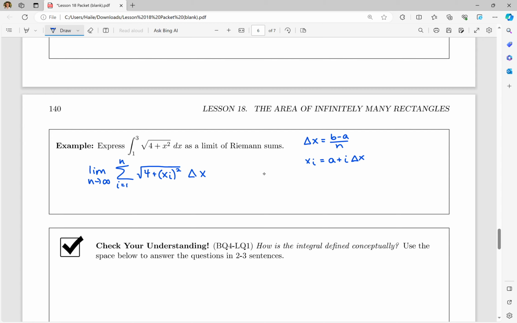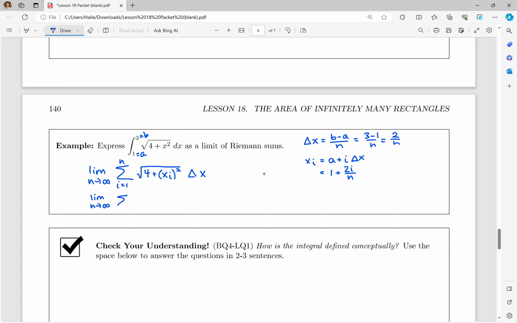Okay, so b minus a, I have 3 is b, 1 is a, so I have 3 minus 1 over n, which is 2 over n. And now that I know that delta x is 2 over n, I know that x sub i is 1 plus 2i over n.